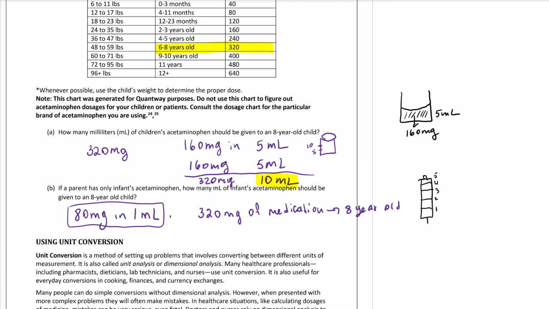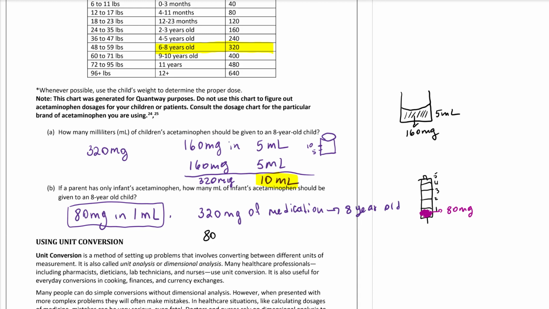Then 1 ml of that medication contains 80 milligrams dissolved. So you have 80 milligrams dissolved in that 1 milliliter of solution. You want to give that child, the 8-year-old, 320 mg. Well, if 80 milligrams is 1 ml, then you can count, right?